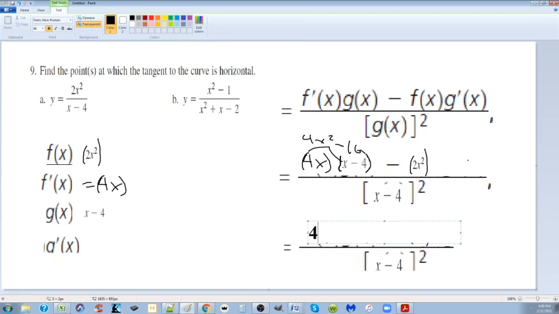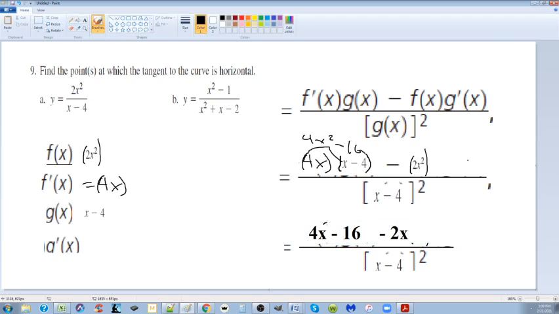I'd go 4x squared minus 16, and then I'd do minus 2x squared over here, just to show the expansion. And then on the next line, I would do the resolution of that, when 4x squared minus 2x leaves 2x squared. So this is what you're left with at the top. The bottom, I'm just going to leave it for now, okay? And we'll see why in a second.